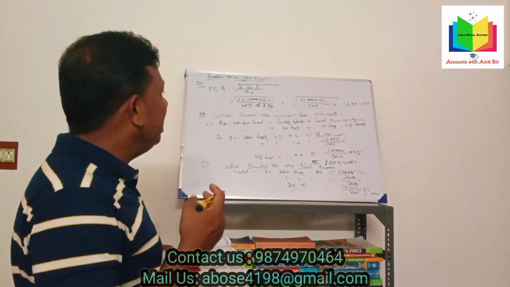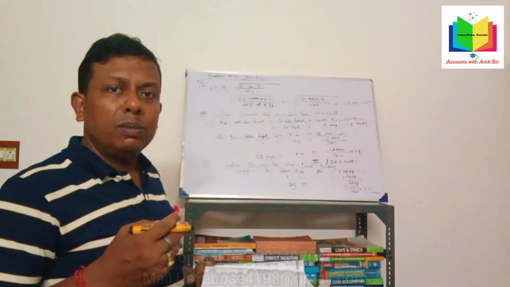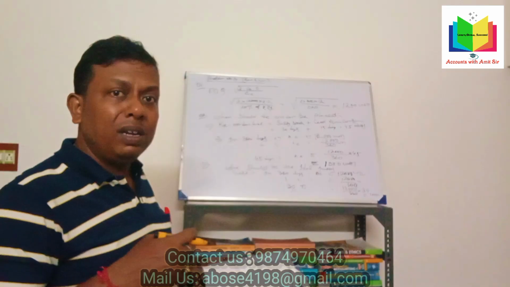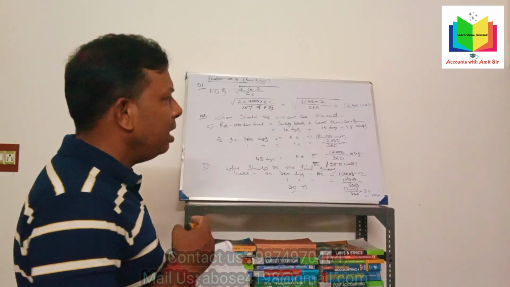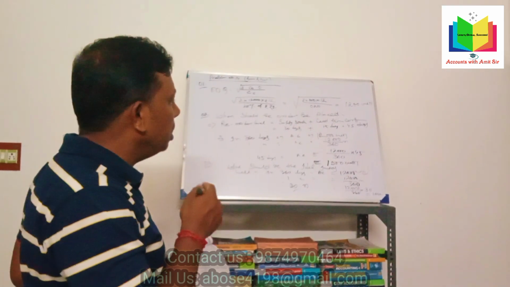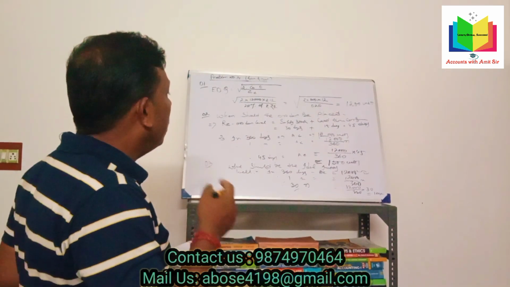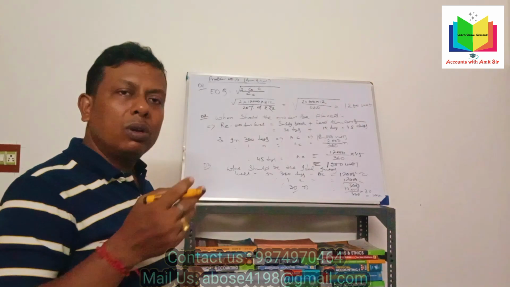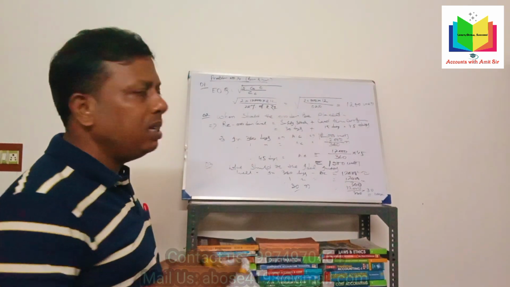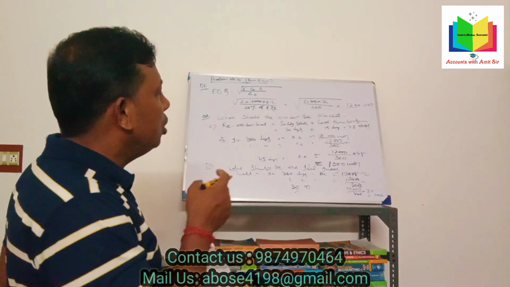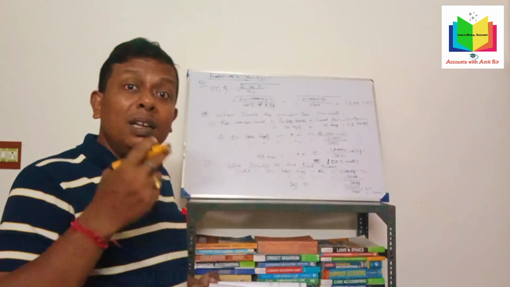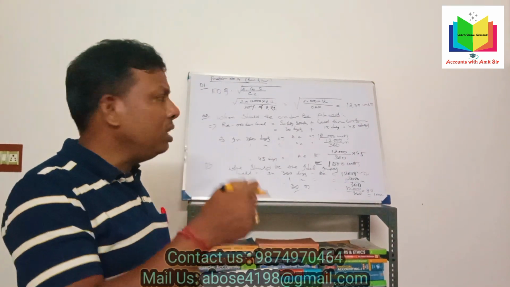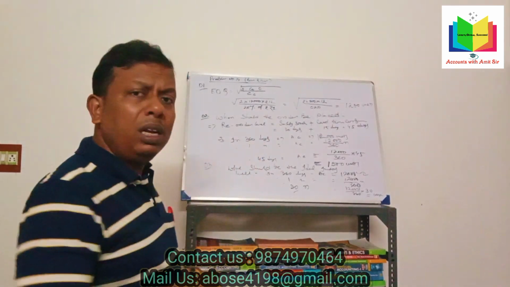In 360 days the annual consumption is 12,000 units, as given in the problem, so the unitary method is applied. In one day it is 12,000 divided by 360. In 45 days it is 12,000 divided by 360 into 45, which becomes 1500 units. So when the stock level reaches 1500 units, the order should be placed.